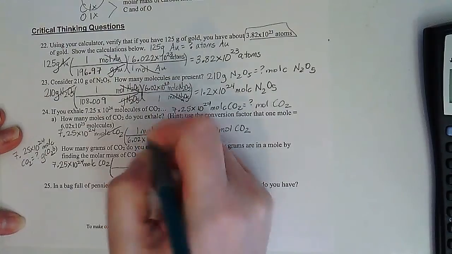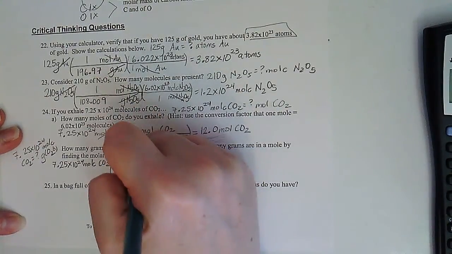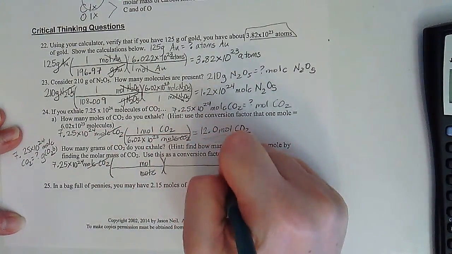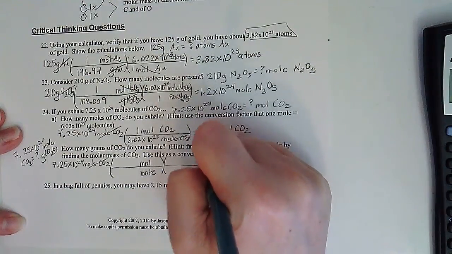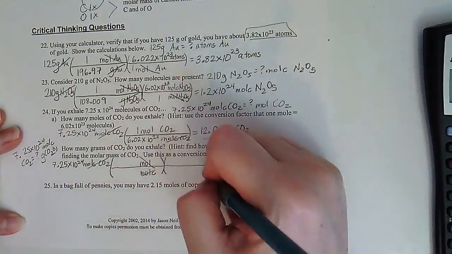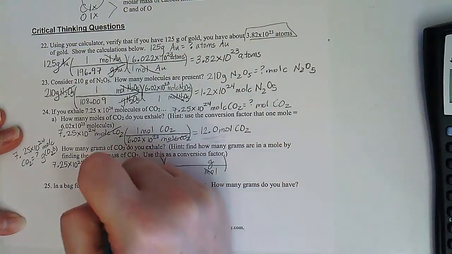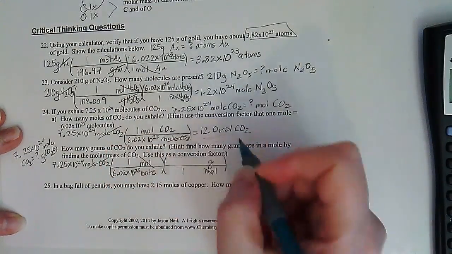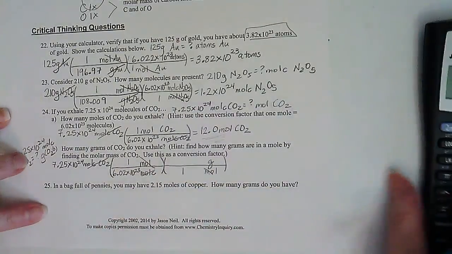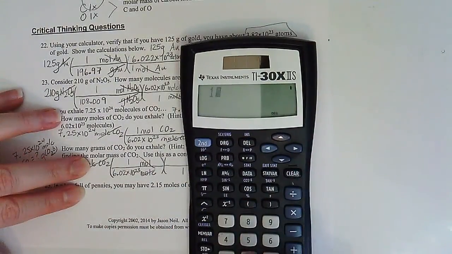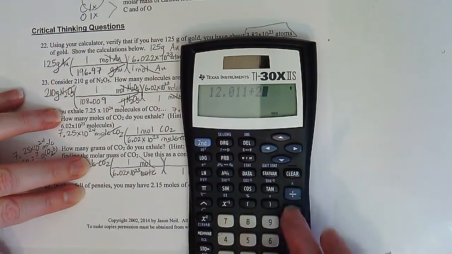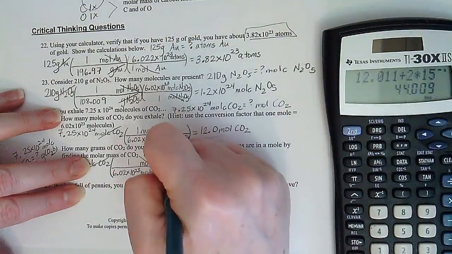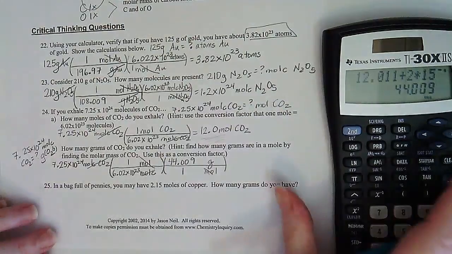So molecules are going to be converted to moles. Moles are going to be converted to grams. I know that 1 mole is Avogadro's number of molecules. I know that 1 mole is, and to get the grams, I'm going to take 1 carbon, which is 12.011, plus 2 oxygens at 15.999, and get 44.009 grams.